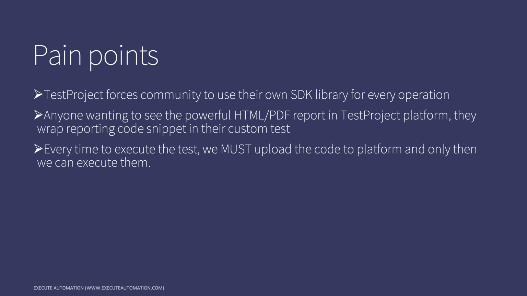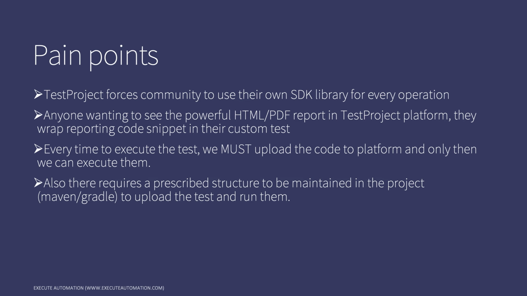Then every time to execute the test, we must upload the code to the platform and only then can we execute it. The community kept saying that to execute, we have to do manual intervention like building, packaging, and then uploading to the platform. There is also a prescribed structure to be maintained in the project, like a Maven or Gradle project, to upload the test and run it on the TestProject platform.